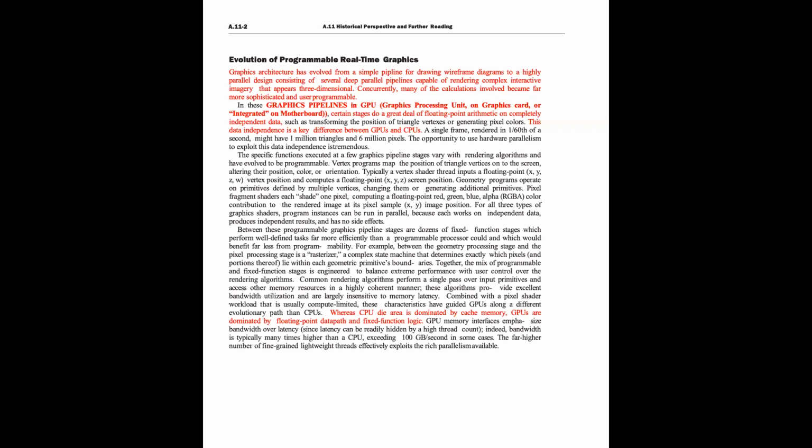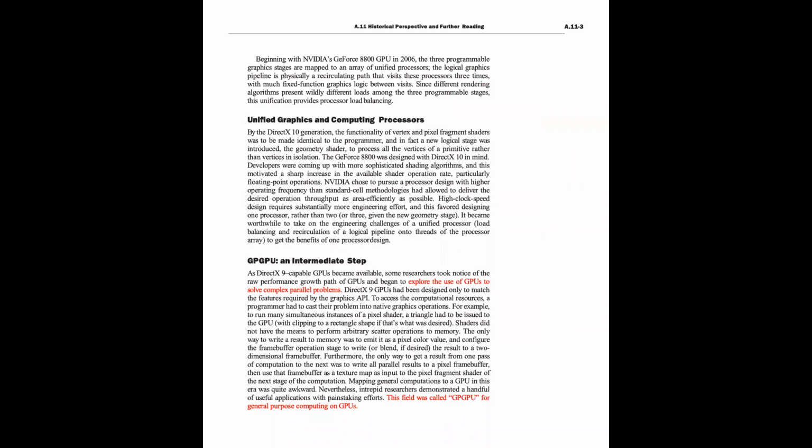Then down below here, we see that whereas CPU die area is dominated by cache memory, GPUs are dominated by floating point data path and fixed function logic. We also can use now, and many people do, the graphics card for processing things other than graphics at times.